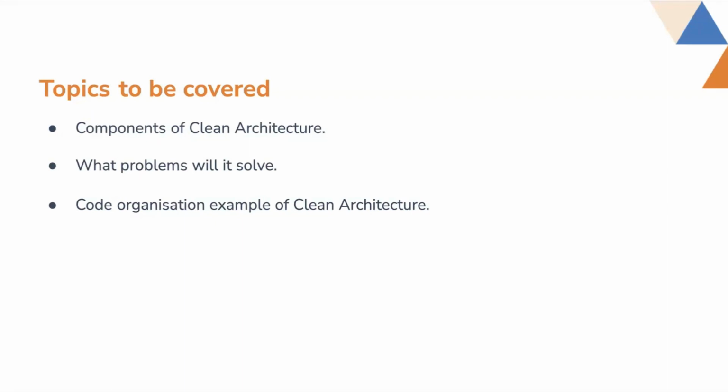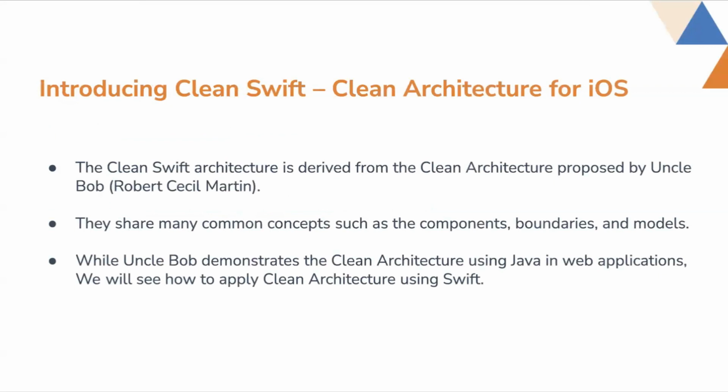So let's see what problems a proper architecture will solve. We'll start with clean architecture. This clean architecture is derived from the clean architecture proposed by Uncle Bob.